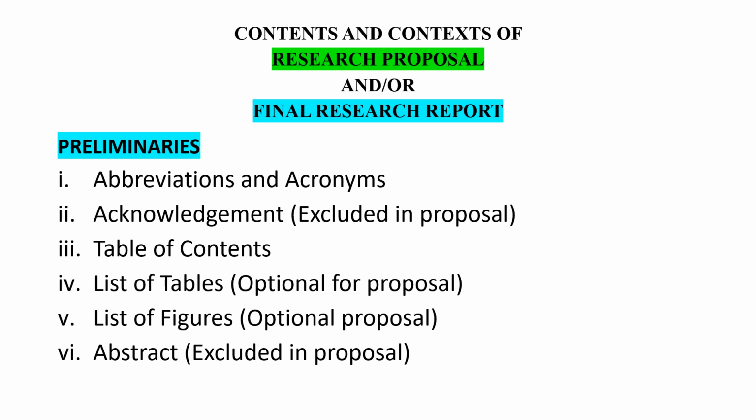Now let us discuss them one by one. Let us start with abbreviations. Abbreviations and acronyms are not the same, by the way. An abbreviation is when a word is shortened, like doctor.